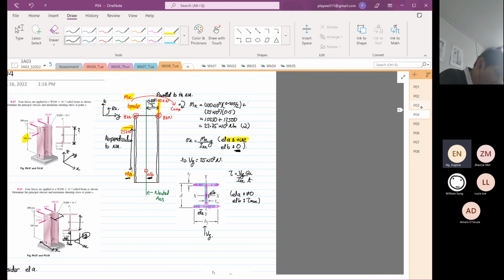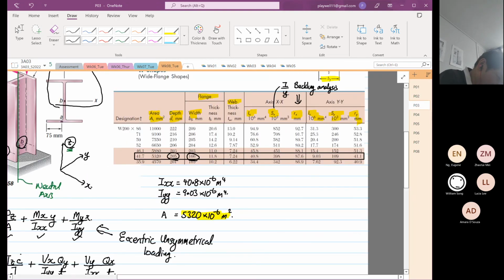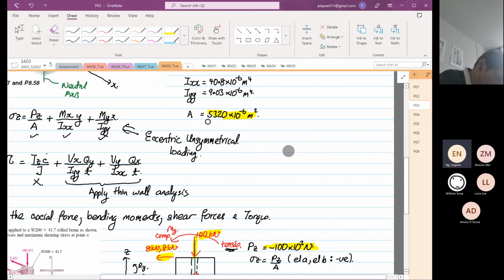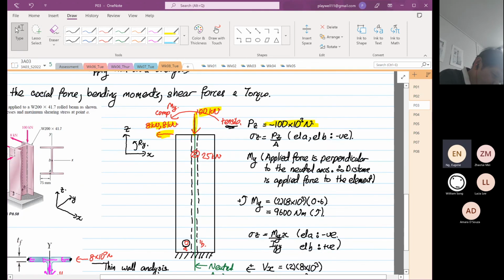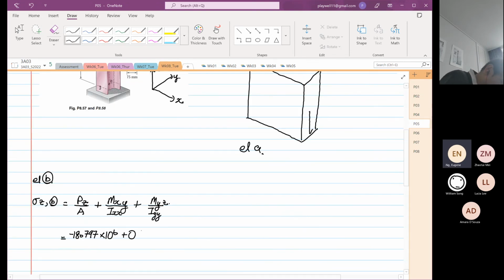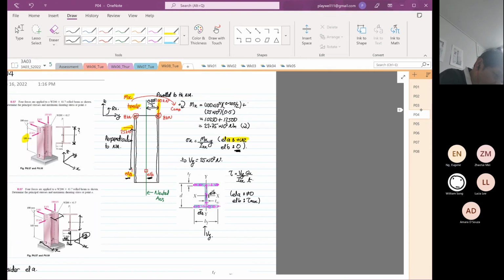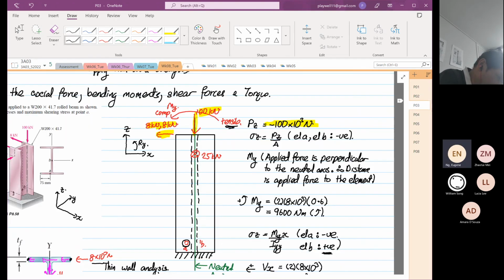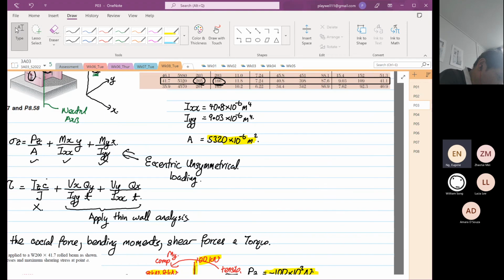Then you look at My. So My is equal to 9600, and for element B it is going to be positive. So plus 9600 divided by Iyy. Iyy is equal to 9.03 times 10 to the power minus 6.